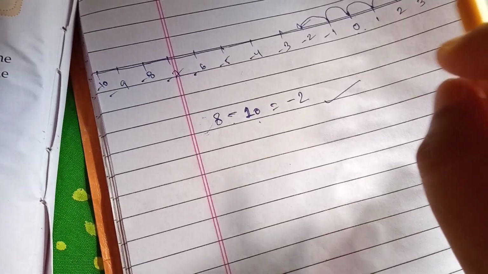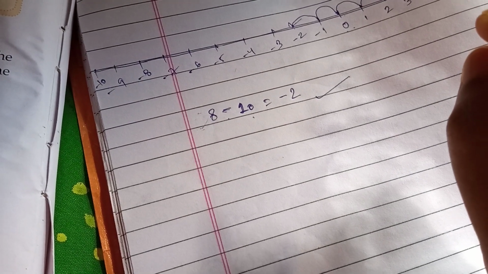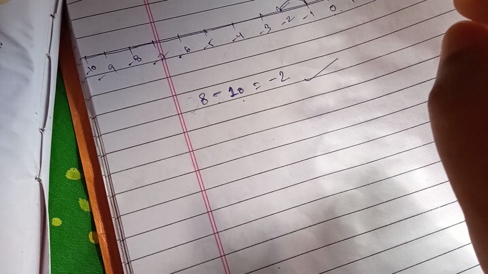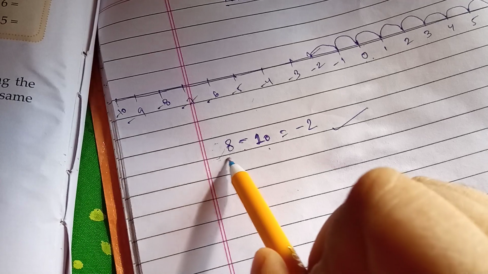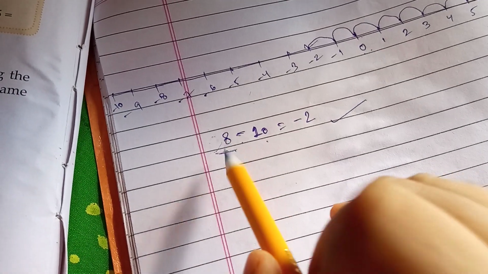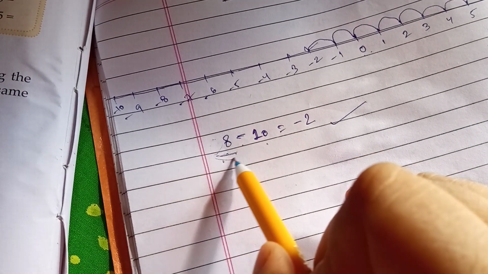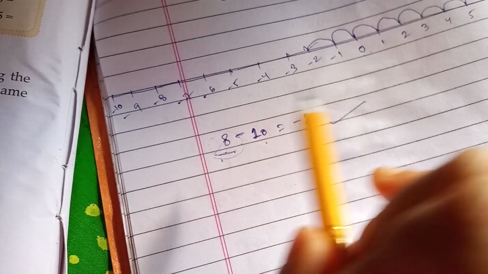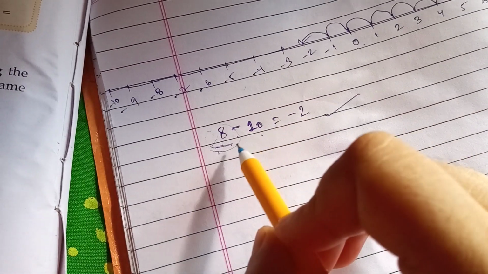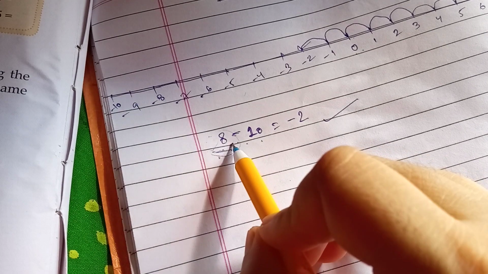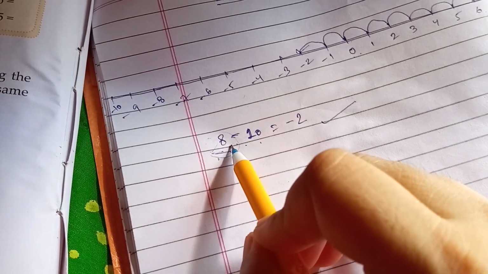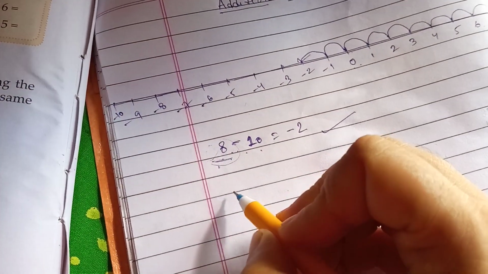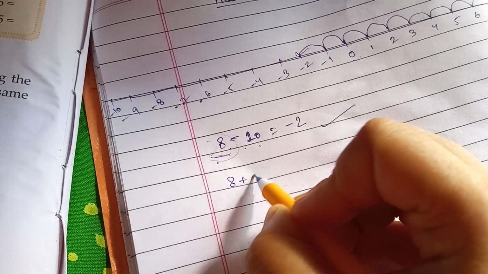At first you draw the number line and take help from the number line, and step by step you do it. First see what the first number is, then find where this number is placed on the number line, then count what the second number is, and before that you have to check what sign is there. Suppose I give the next example, 8 plus 10.